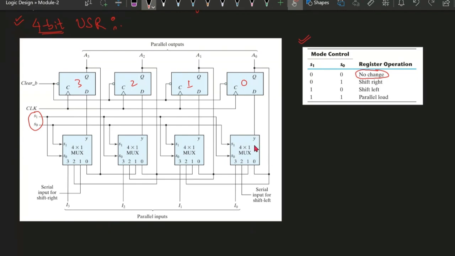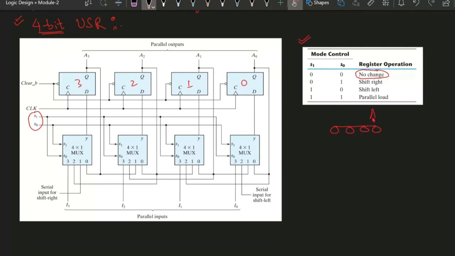So this connection is being given. When S0 and S1 are 0, 0, there will be no operation or no change. No change in the sense, initially suppose the flip-flops have A0, A1, A2, A3 values 0, 0, 0, 0.